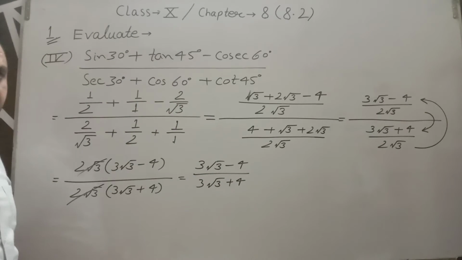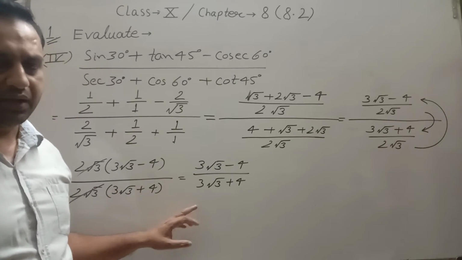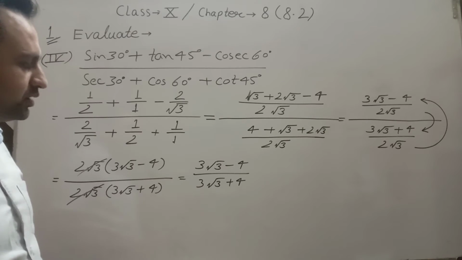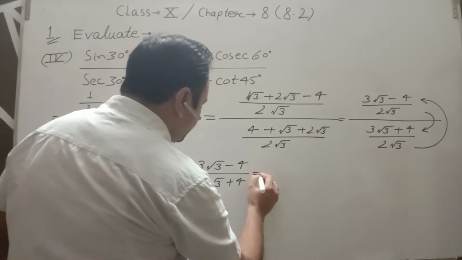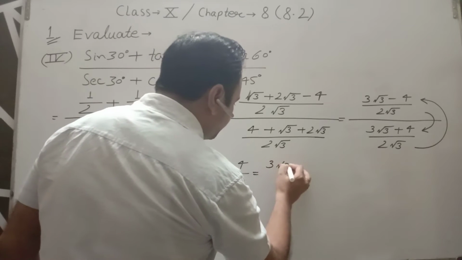Now according to class 9th, we rationalize the denominator and multiply the conjugate of the denominator in numerator and denominator both. So we multiply 3 root 3 minus 4 in numerator and denominator both.